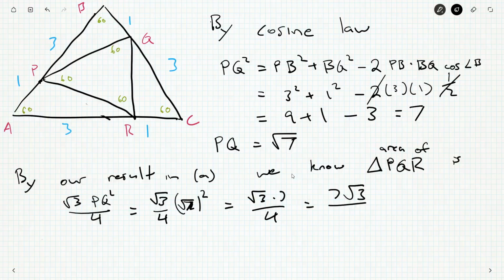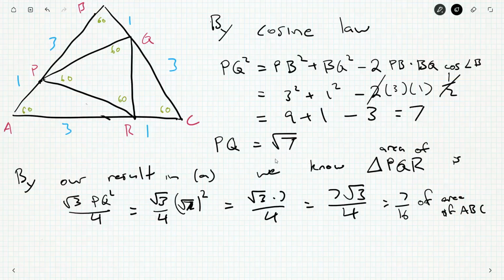Usually we write the radicals later, so 7 over 4 root 3. Okay, well, in relationship to the 4 root 3, this guy is what? 7/16 of that. So we did have a nice ratio. Did have an interesting relationship. So 7/16 of the area of ABC. That's a fine little observation.